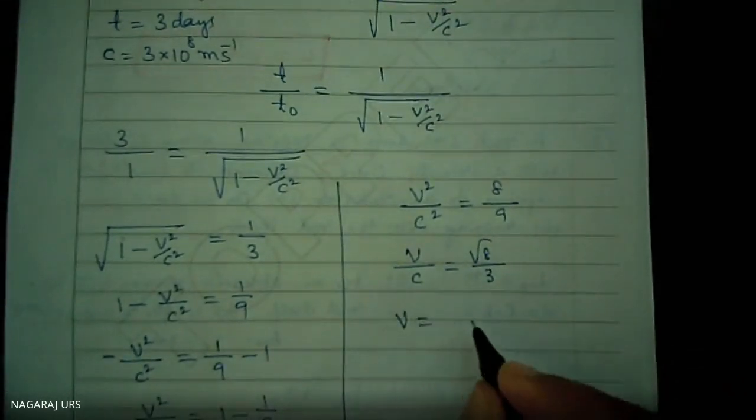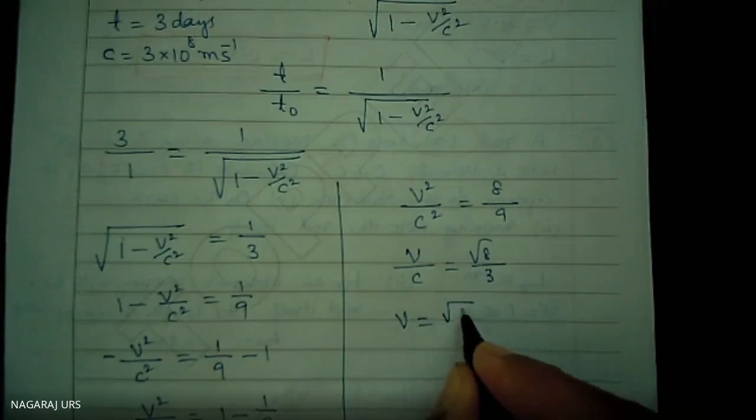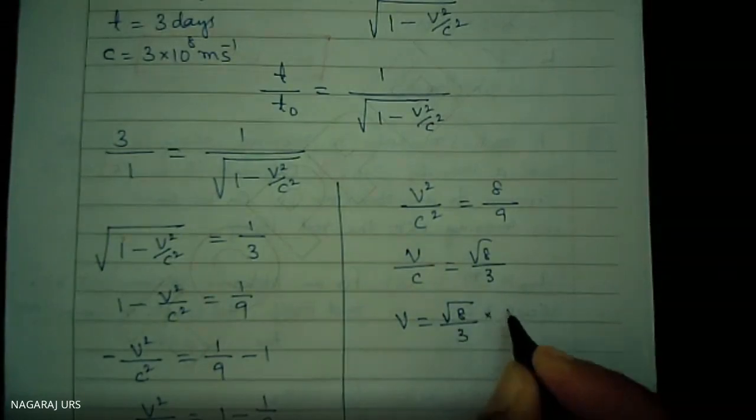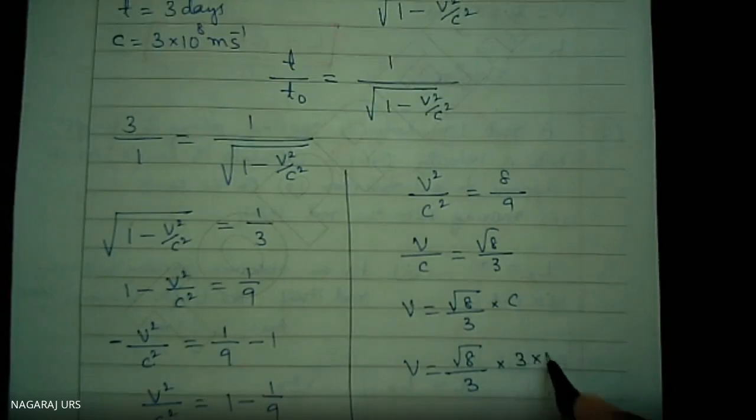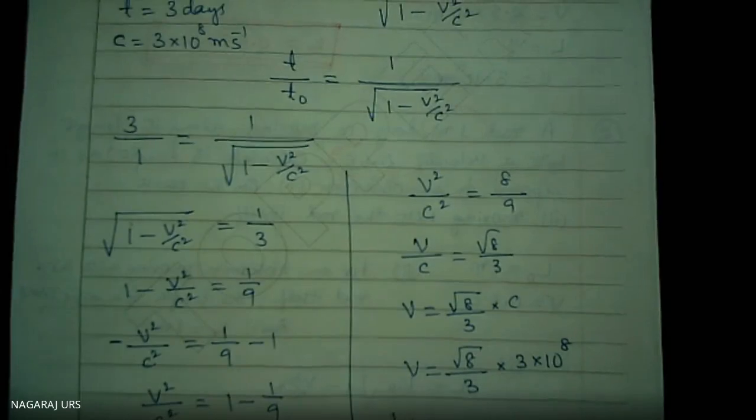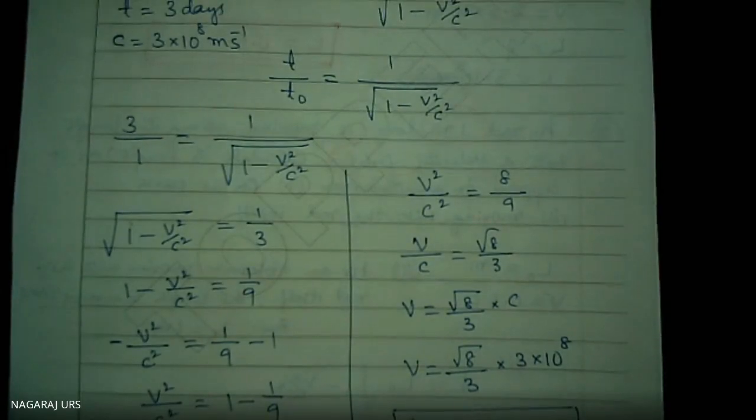Therefore, v is equal to square root of 8 divided by 3 into c. You can see in your calculator, root 8. C value is 3 into 10 to the power 8 meter per second. So, v is equal to how much? So many meter per second.